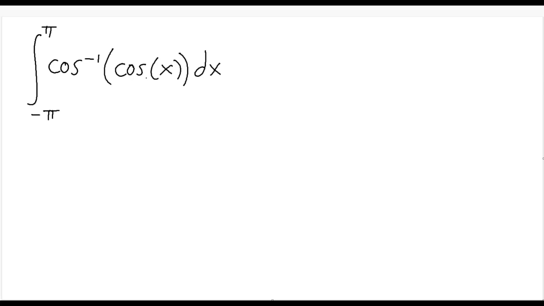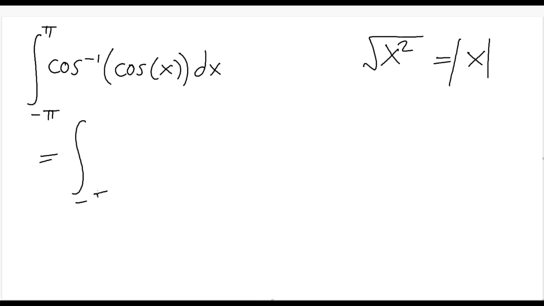Be very careful. Cosine is an even function. So think of it as an even function like x squared. If you do the inverse of it, it doesn't equal x, not for all of the domain. It's an absolute value, so this is equal to the absolute value of x. Because it's an even function, you can't have negatives.